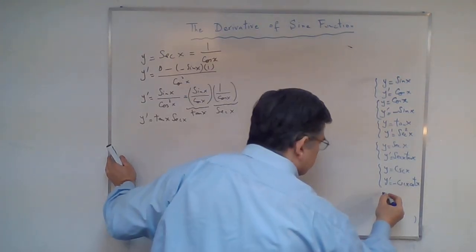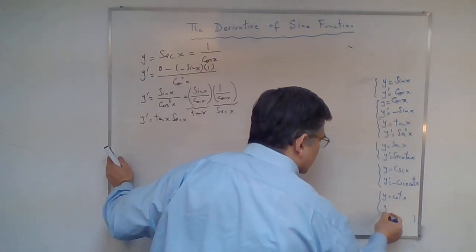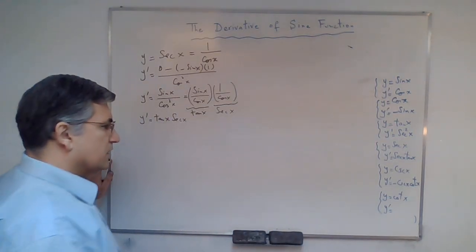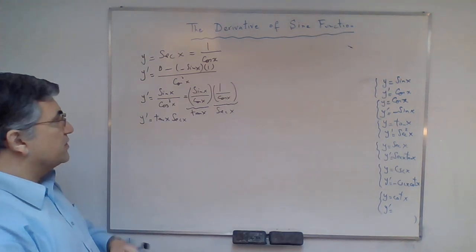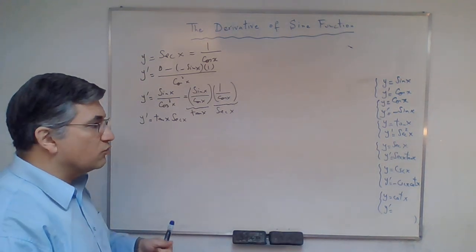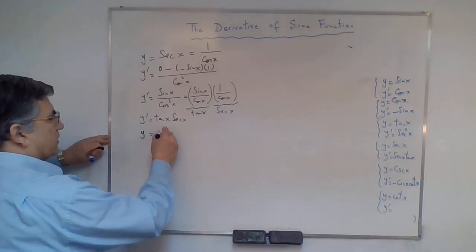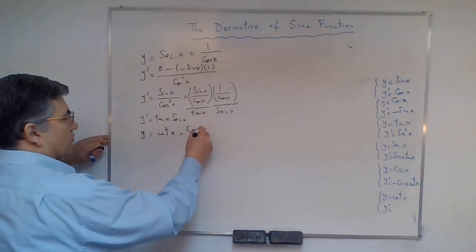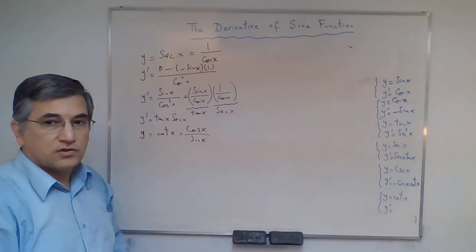And finally, we have cotangent of x. For the derivative of cotangent of x, I'll just give you some hint, but you do it just like the tangent. You write cotangent of x as cosine of x over sine of x, and then apply the quotient rule.